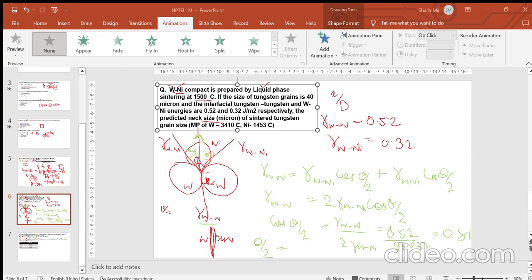So you can calculate x as 0.58 into, because the size of the tungsten grain is given as 40 micron, so that is 40.